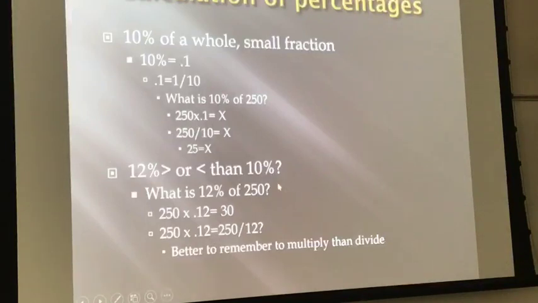So that's confusing point number one, that sometimes it's a little more difficult to divide than just multiply by the decimal. So incidentally, 10% of 100 is 10, right? 12% of 100 though would be more like 8, right? 8 times 12 is 96, so it'll be 8 point something.